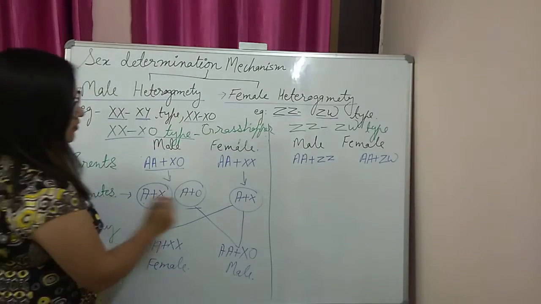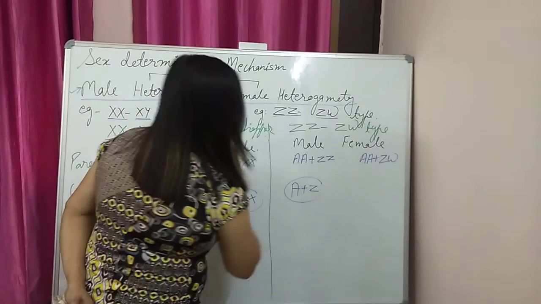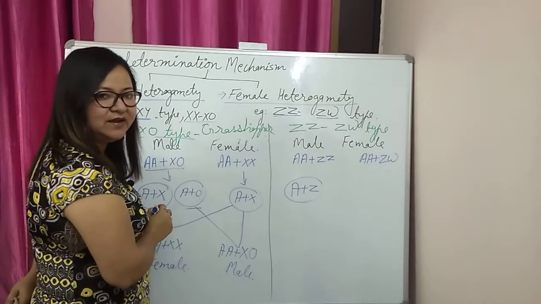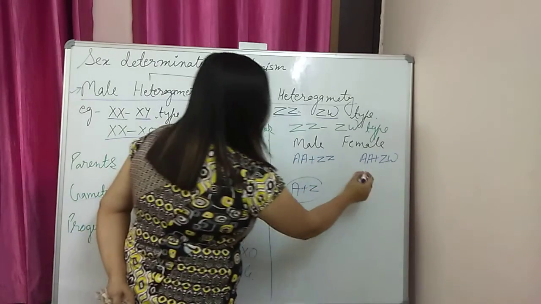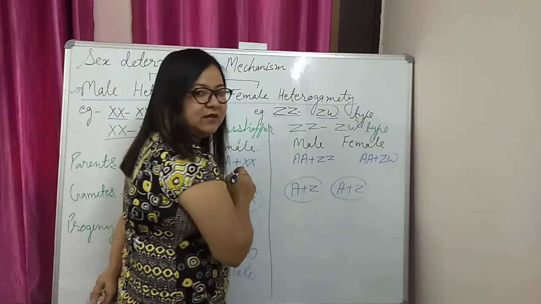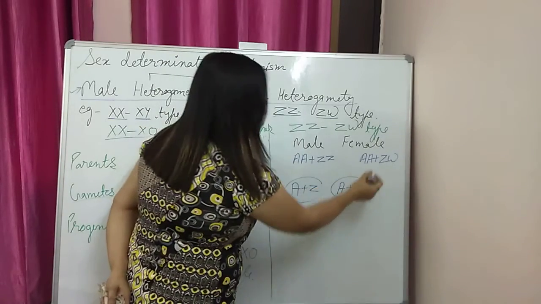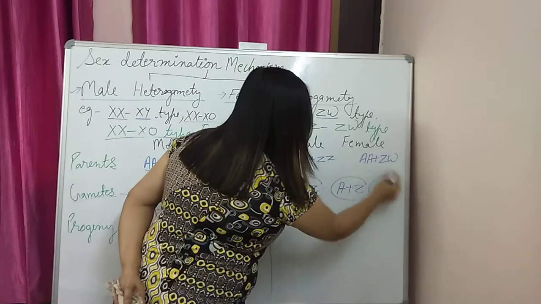If we talk about the gametes, in the male only one type of gamete will be formed, having the Z sex chromosome, while in the female two different types of gametes will form, 50% having the Z chromosome and 50% having the W chromosome.